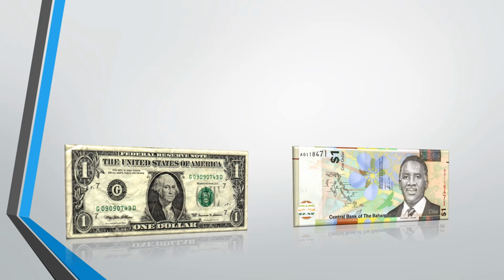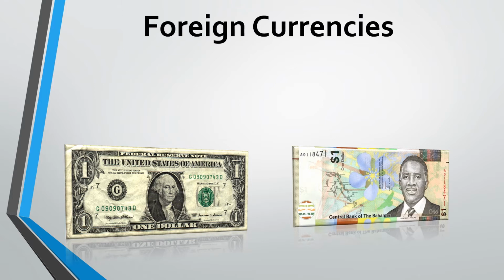The next problem associated with international trade, which you see on your screen, is dollars. So that's currency, okay? Foreign currencies. Now you see I have on the screen a Bahamian dollar and a US dollar. And those are currencies of two different countries. We have other countries that have different currencies like Canada and Haiti.